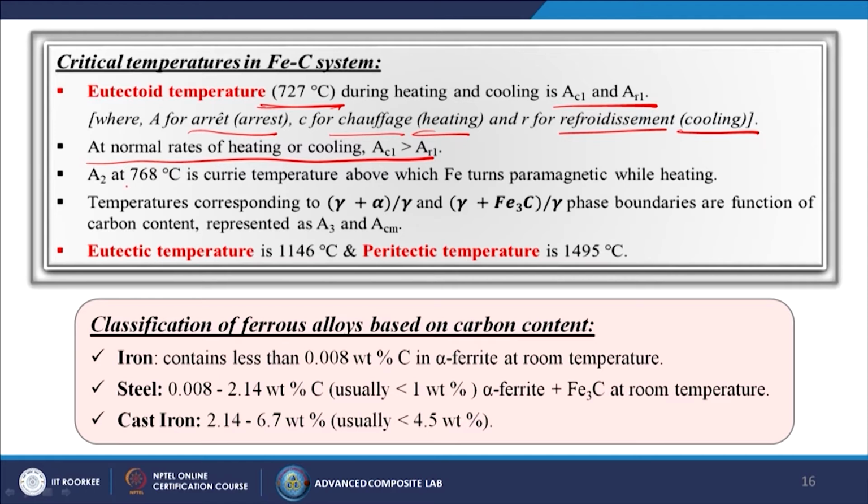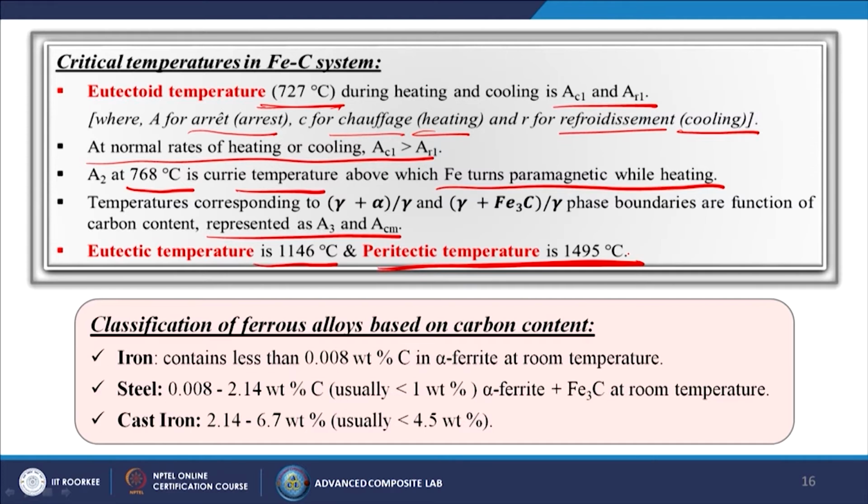A2 at 768 degrees centigrade is the Curie temperature, above which iron turns paramagnetic while heating. The temperatures corresponding to the gamma plus alpha by gamma and gamma plus Fe3C and gamma phase boundaries are functions of carbon content, represented as A3 and ACm. The eutectic temperature is 1146 degrees centigrade and the peritectic temperature is 1495 degrees centigrade.